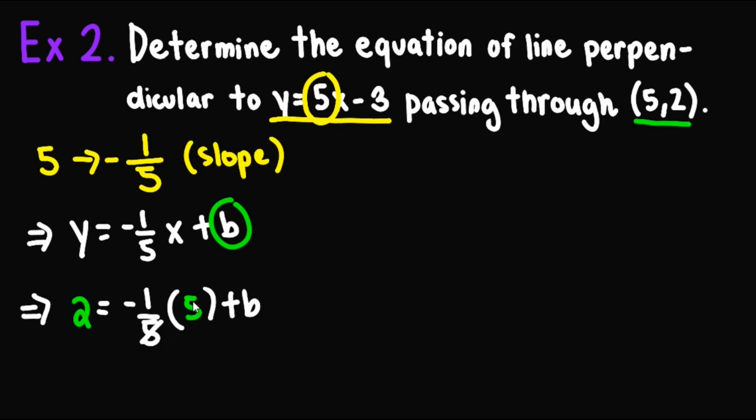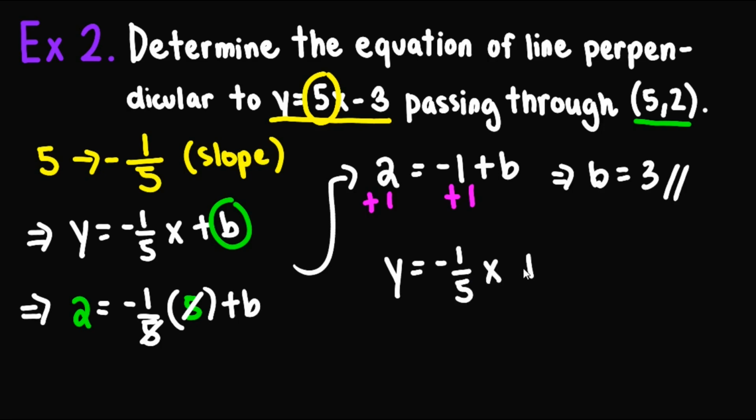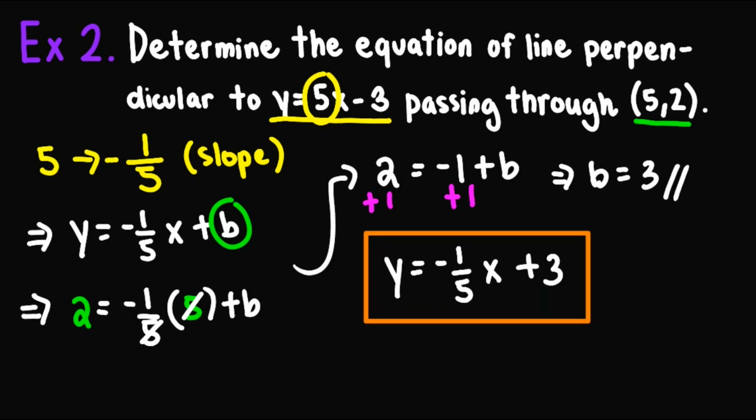So the 5 here cancels out and we obtain 2 equals negative 1 plus b. Then we add 1 to both sides to obtain b equals 3. So we plug this back into our equation to obtain y equals negative 1 over 5 x plus 3. This out here is the answer to this problem.